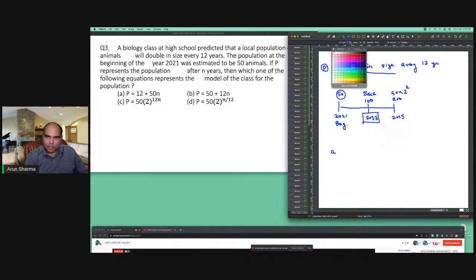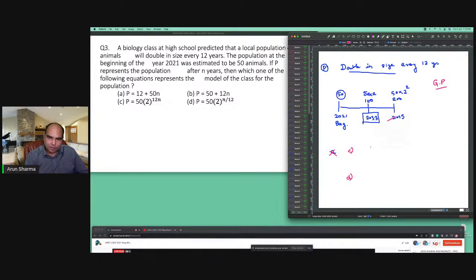Although if you think a little mathematically, you will realize that since this multiplication of the population means we are talking about a geometric progression, geometric progressions cannot have formulas like what is given in option A and option B. So options A and B get rejected very easily. They are more representative of the options you would have if there were an arithmetic progression.